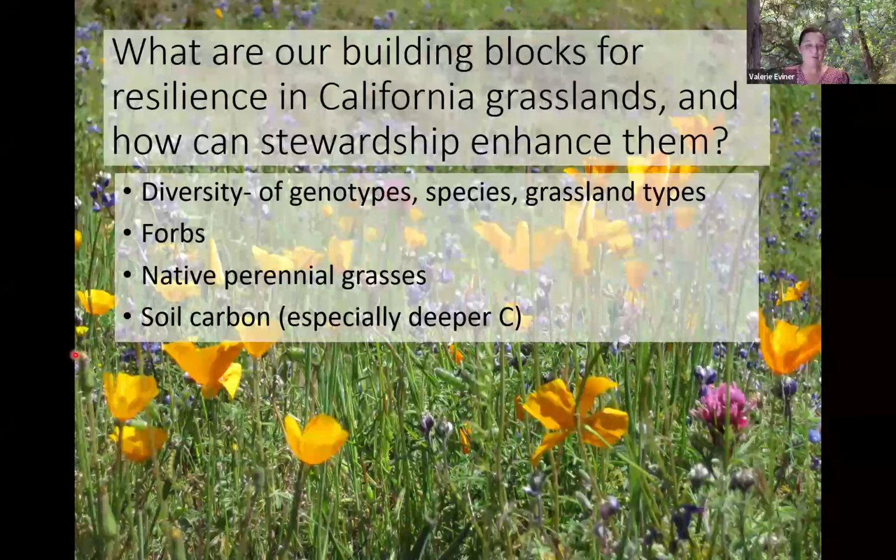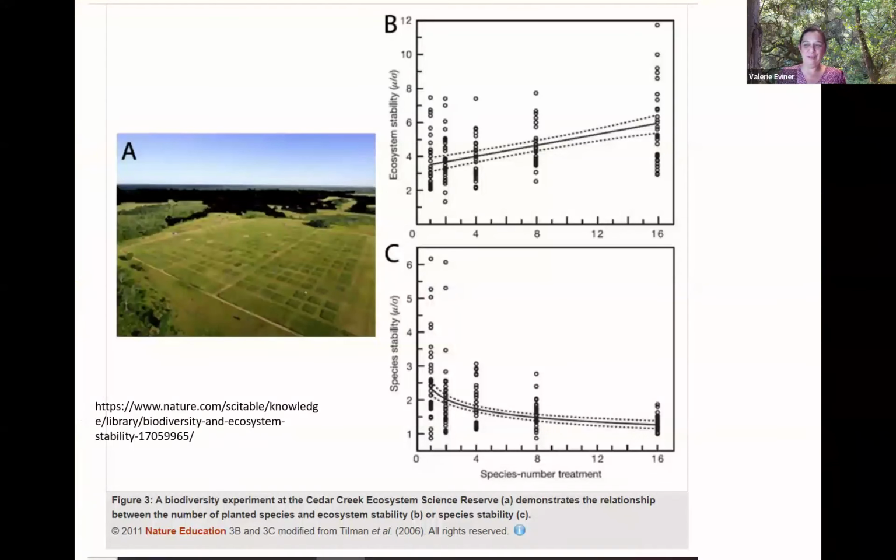The simplest graph of this is actually not from California, but the same principles are true in California. This is an example in a Minnesota grassland where they planted plots that either had one species and all the way up to 16 species.